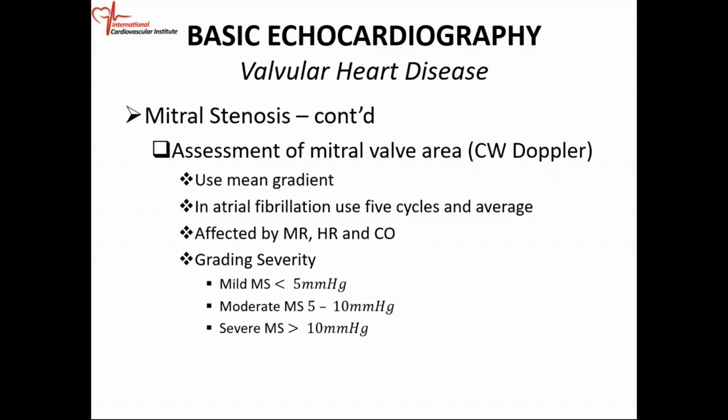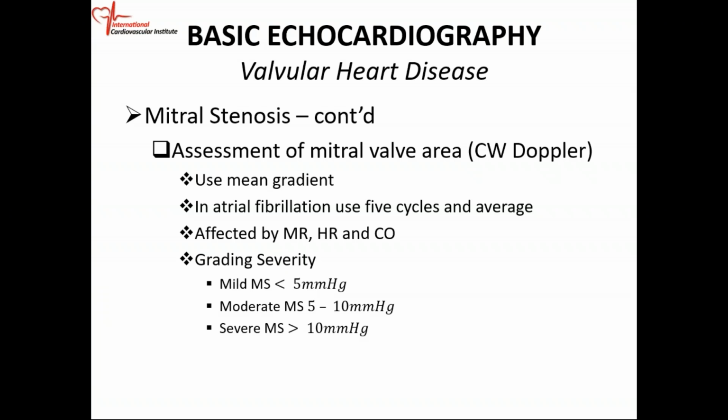So you're going to do your routine echo, your parasternal long and short axis views, your apical 4 and 5-chamber views, your apical 3-chamber view, 2-chamber view, and you do all the views. But there are certain measurements that you have to do to determine the severity of the mitral stenosis.